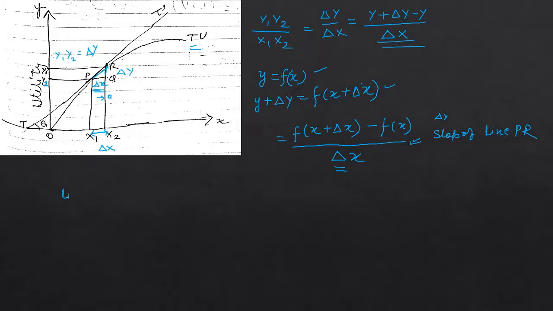So if we take the limit of this function as delta x tends to 0, f(x plus delta x) minus f(x) upon delta x, it will become tangent to total utility, and that means it will be the marginal utility of that curve at point P or R, whatever, because as delta x tends to 0, PR will be a point.